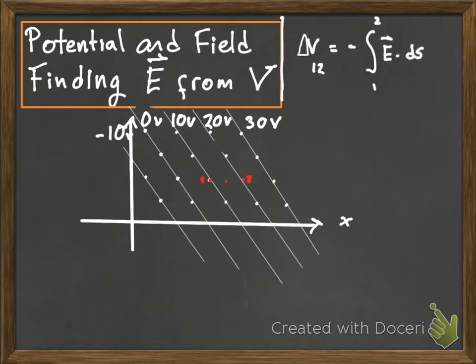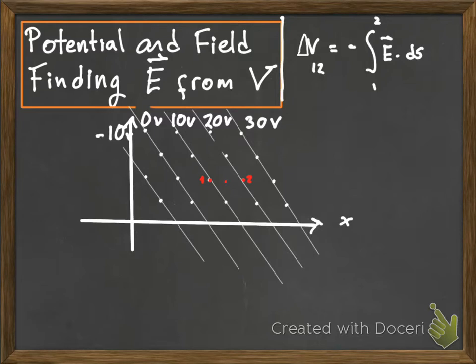So one way to start this calculation is to take a look at the difference in potential between point 1 and point 2. Notice that I chose 1 and 2 to be horizontal, one to the right, one to the left of the point of interest. So the difference in potential between 1 and 2, our basic equation discussed before, says that the difference in potential between 1 and 2 should be the negative of the integral of the electric field dot product with the displacement vector.